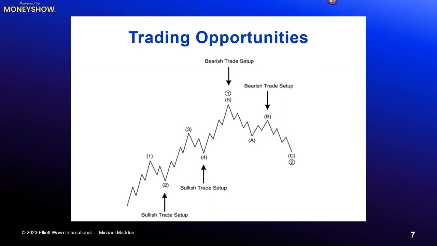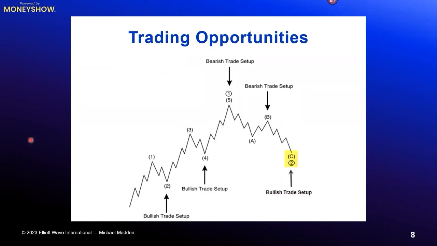So following a 5-wave setup, basically we have 1, 2, 3, 4, 5, and then we have a 3-wave pullback. We then have a higher wave degree, and something that people often find difficult to understand is the wave degrees.